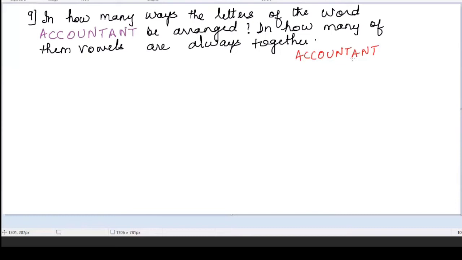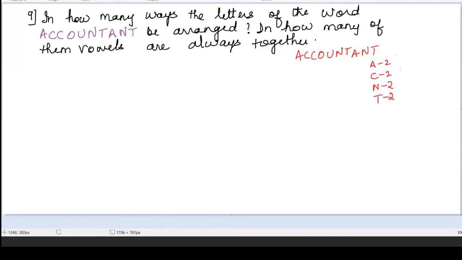Is it ready? A is repeated how many times? 2 times. C is repeated 2 times. N is repeated 2 times. T is repeated 2 times. So this is the repetition.